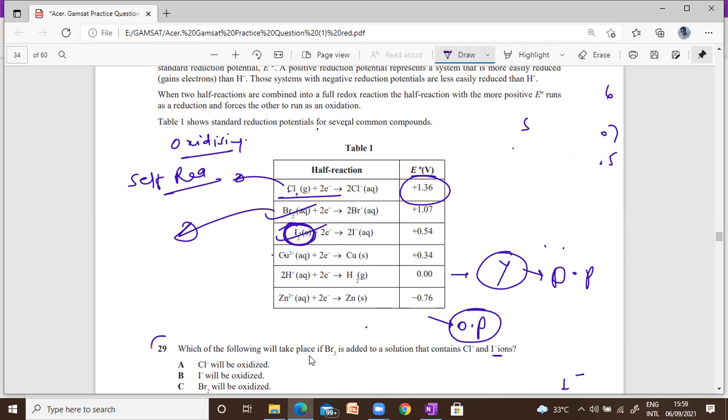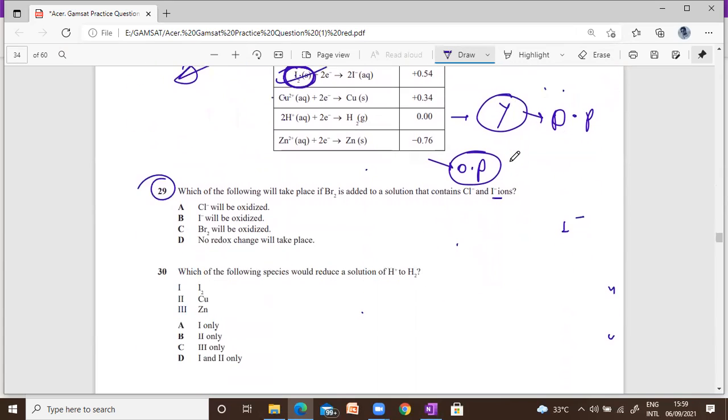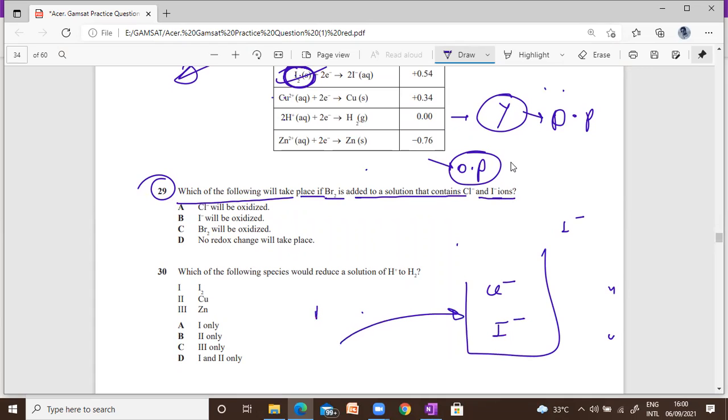So if you look at question 29, you can see here: which of the following will take place if Br2 is added to a solution that contains Cl minus and iodine minus? Suppose we have a solution here with Cl minus and iodine minus, and we are adding Br2. As you know in the table, this is chlorine, this is bromine, this is iodine.